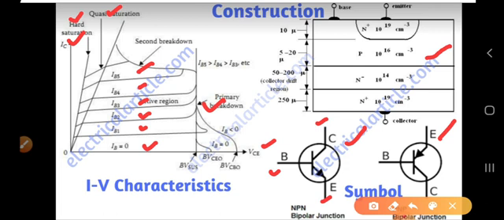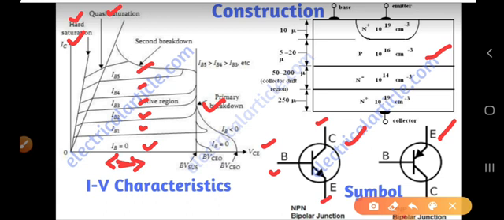That's why the cutoff region comes here, at the arrow mark I am showing. This is the cutoff region. There will be no current flowing in the power BJT when it is in the cutoff region, as the junctions act as reverse biased.